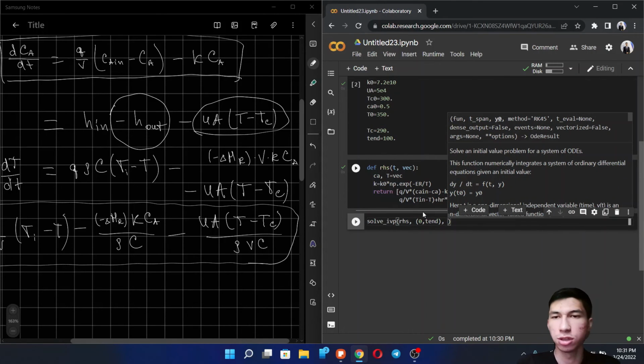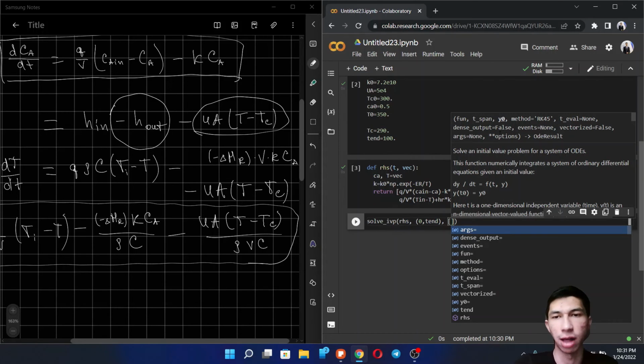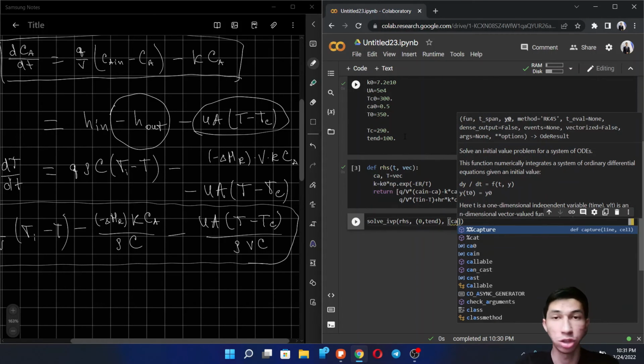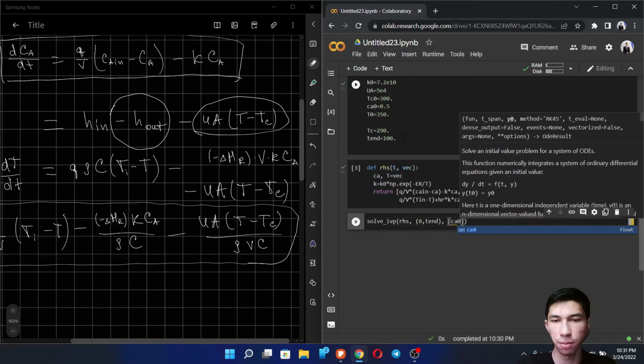Then we should give the y0. As we already have our initial values, we don't have to guess them. We can just use our naught values here: the concentration of A initial and temperature initial. So these are our initial values.